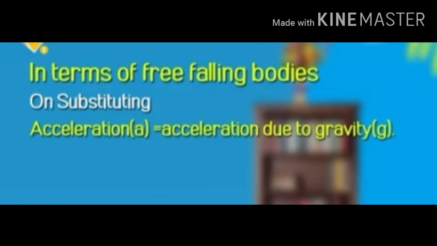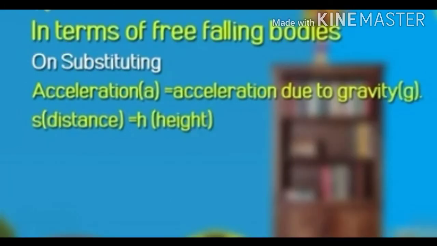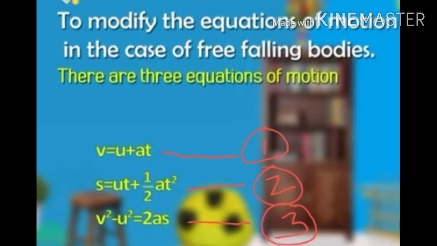For free fall, the acceleration is the acceleration due to gravity, and the distance s is represented by the height h of the free falling object. So we put a = g and s = h in the three equations of motion.